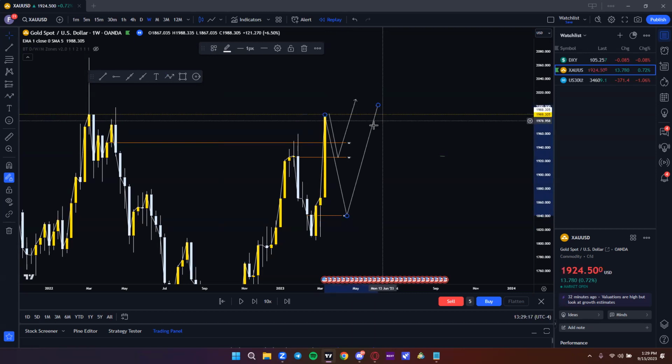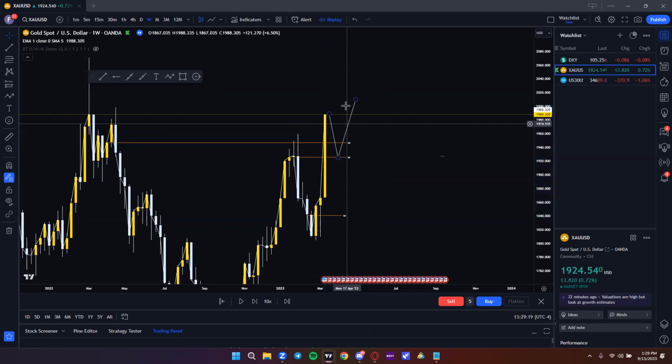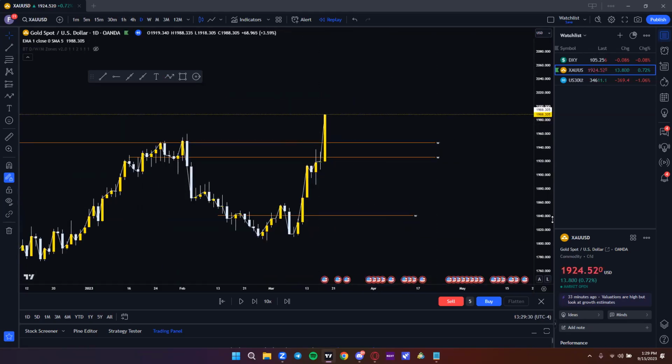That's what we would like to see. In this case, this worked, and I'll show you in the lower time frame how you can get evidence of how this breakout level will hold.